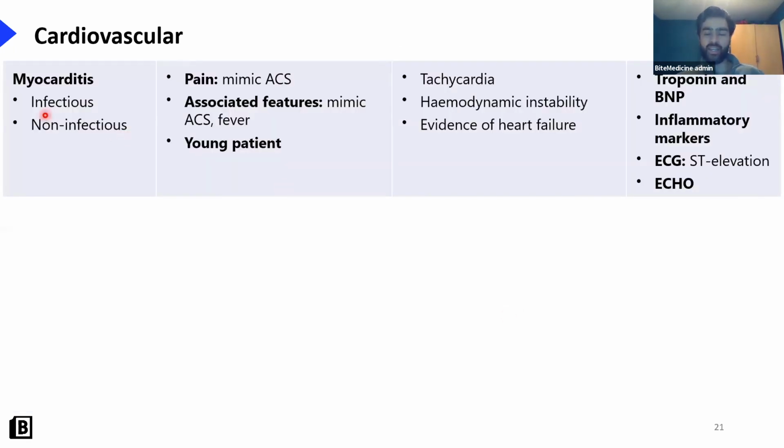Myocarditis is inflammation of the myocardium, and it can be infectious or non-infectious. It can present similarly to acute coronary syndrome, but they may have additional features of infection like fever, and it will typically present in your younger demographic of patients, whereas ACS will present in older patients.